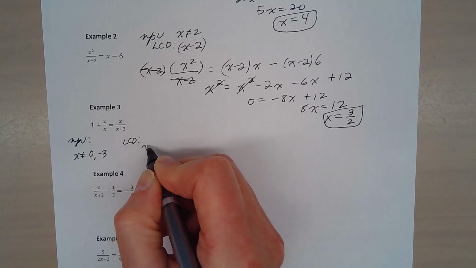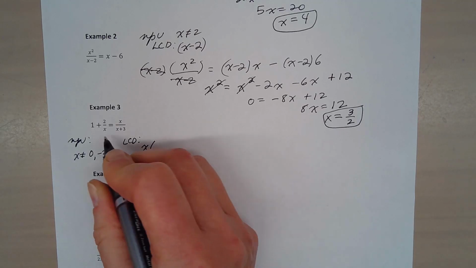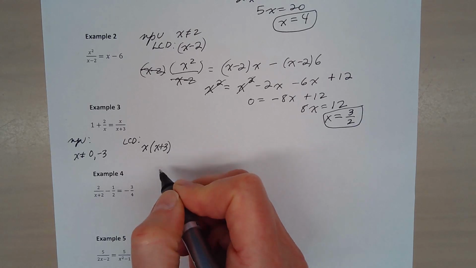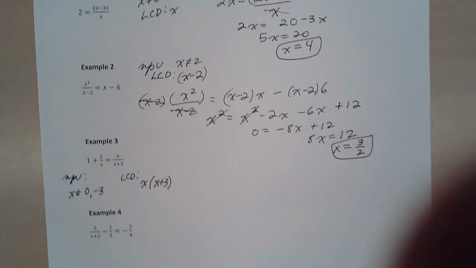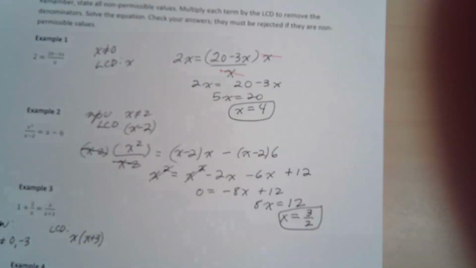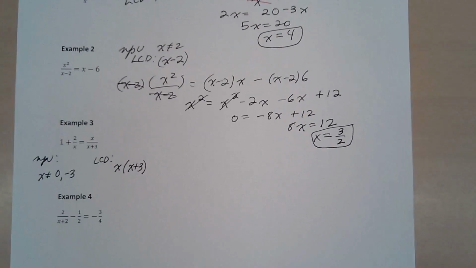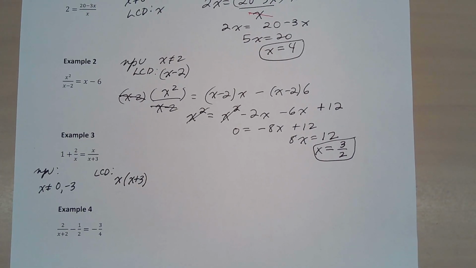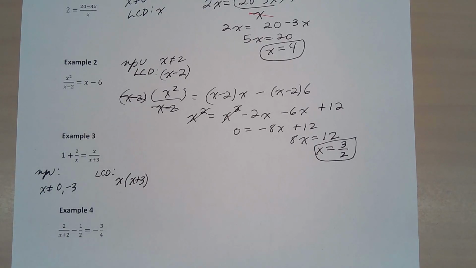Yeah, I need the x, and I need the factor of x plus 3. I need both of those factors, or my denominators will not be eliminated. So give that one a try.